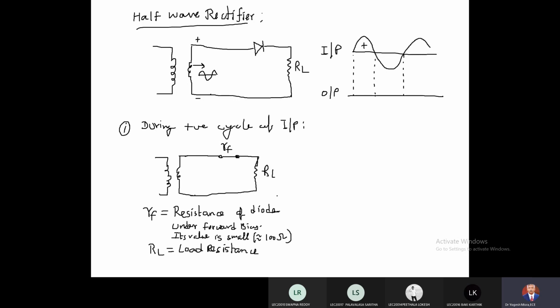Its value is higher. Sometimes you connect a 1K or 2K resistor like that. So if you compare the values of RL and RF, then RL is very high as compared to RF.